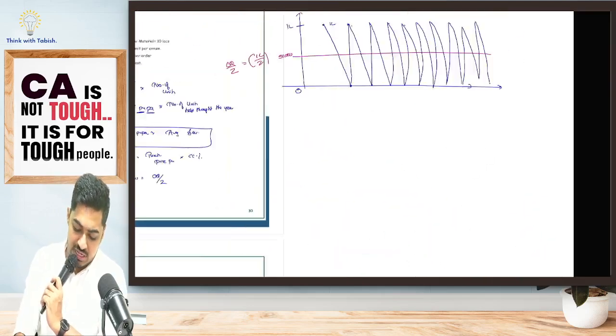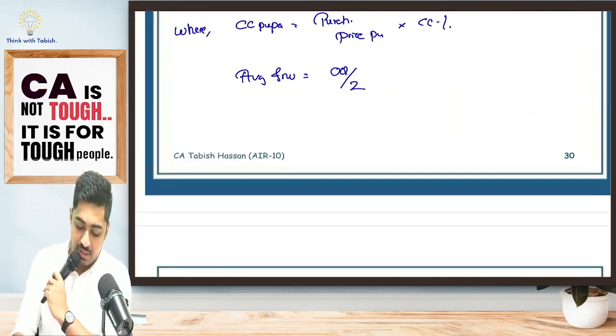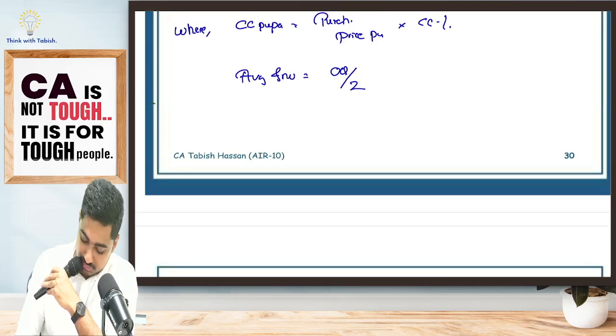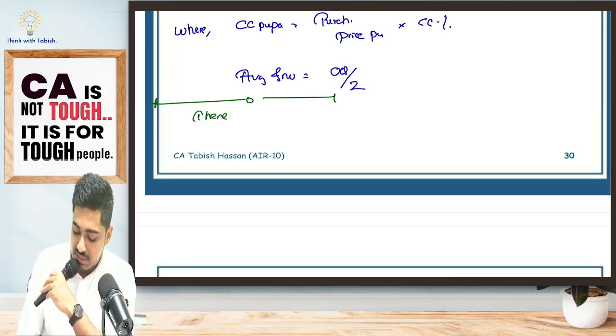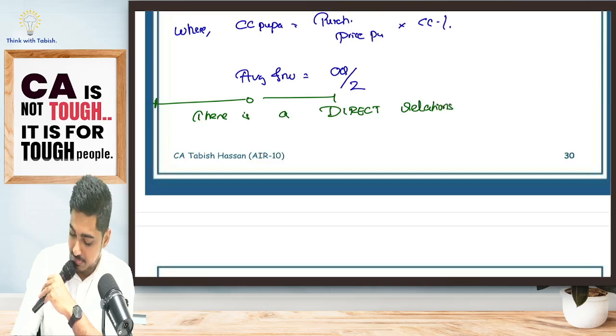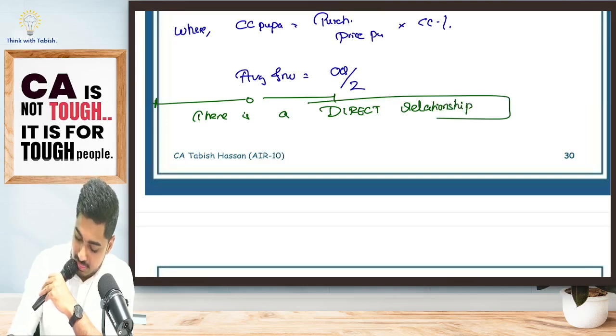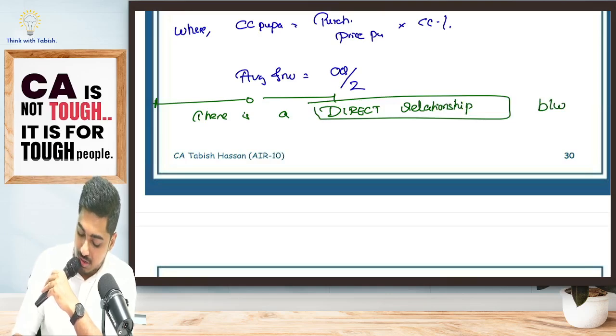Perfect. So if I want, I will write it somewhere here. If you want, you can also write simultaneously. There is a direct relationship between ordering quantity and carrying cost.